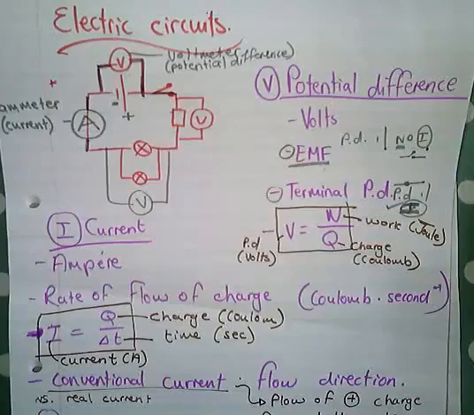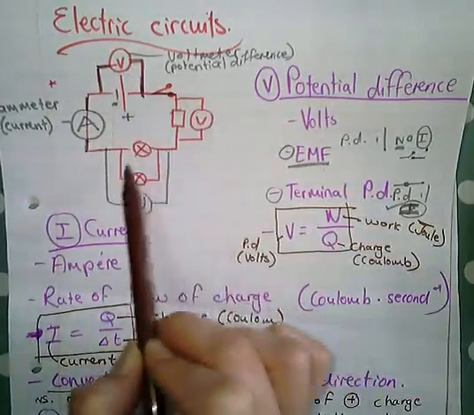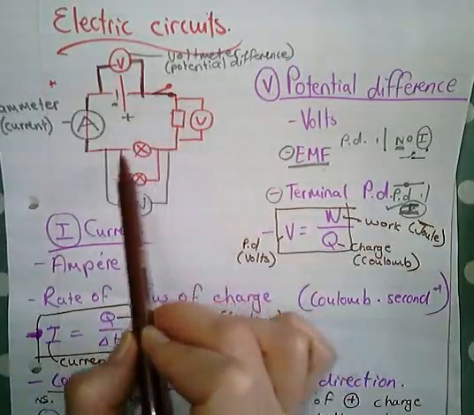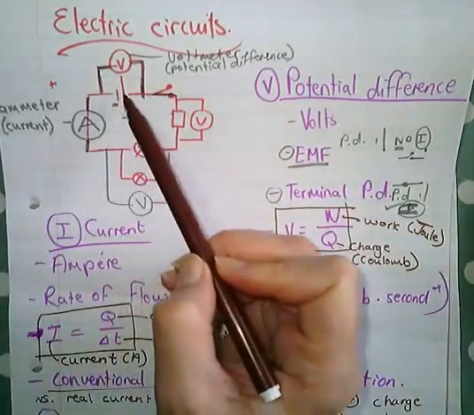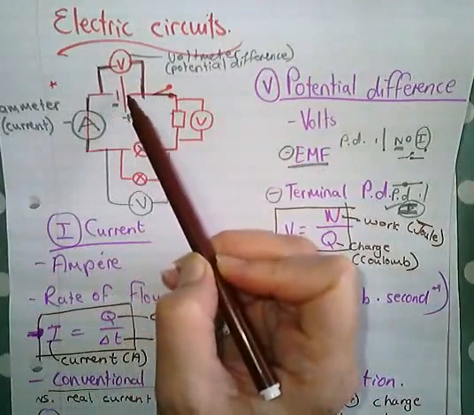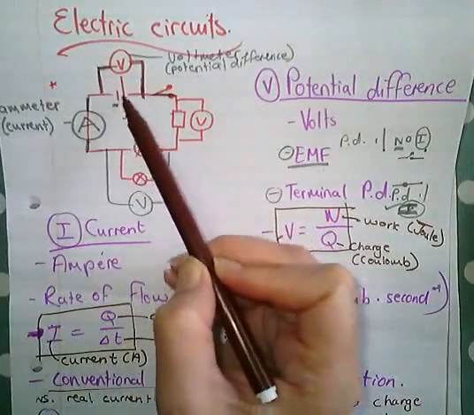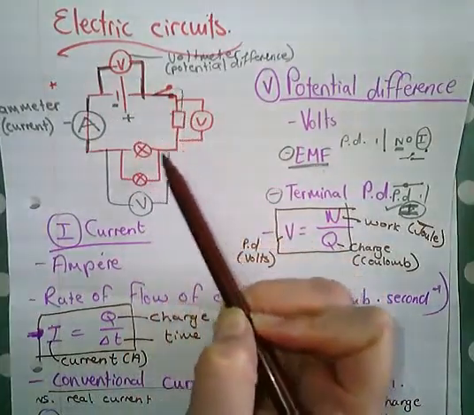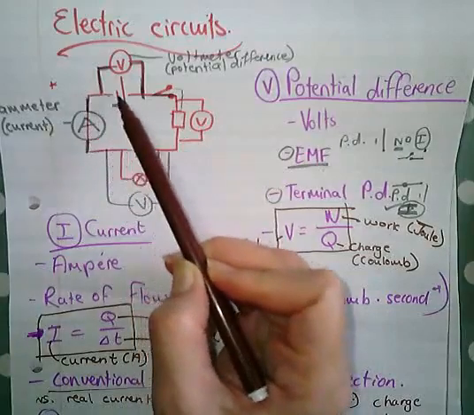So in this diagram, conventional current flow would mean we have positive charges that flow from this positive side of the battery through the external circuit to the negative part of the battery. Okay.